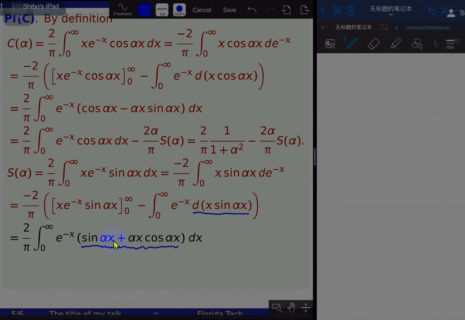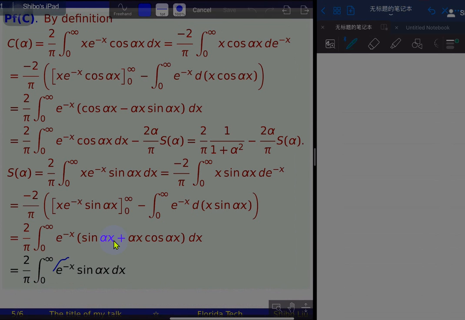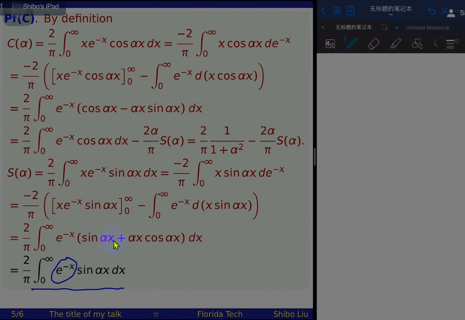Okay, so now as before we split. The first is this integral. As you can see, this integral is the Fourier sine transform of e to the minus x. We also know the result. Or if you don't know, you can compute this integral using integration by parts. So it is not difficult to compute. Well, what's the second integral?